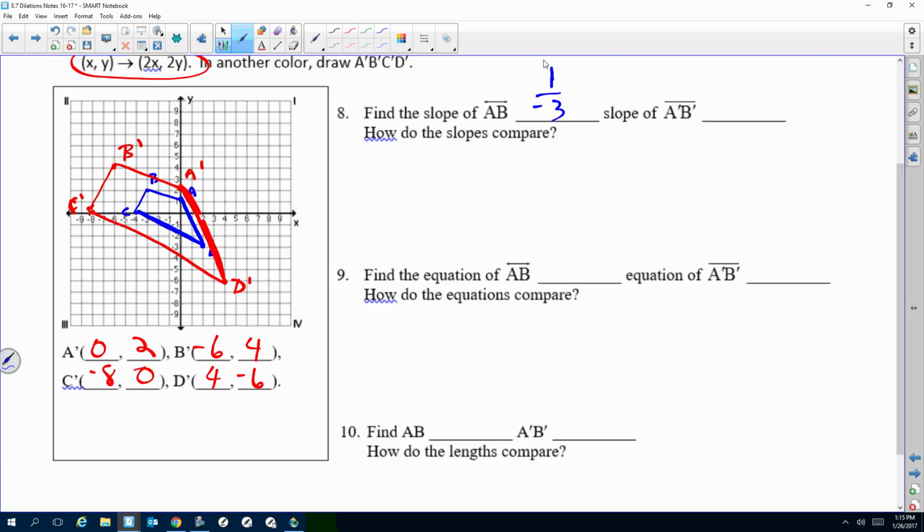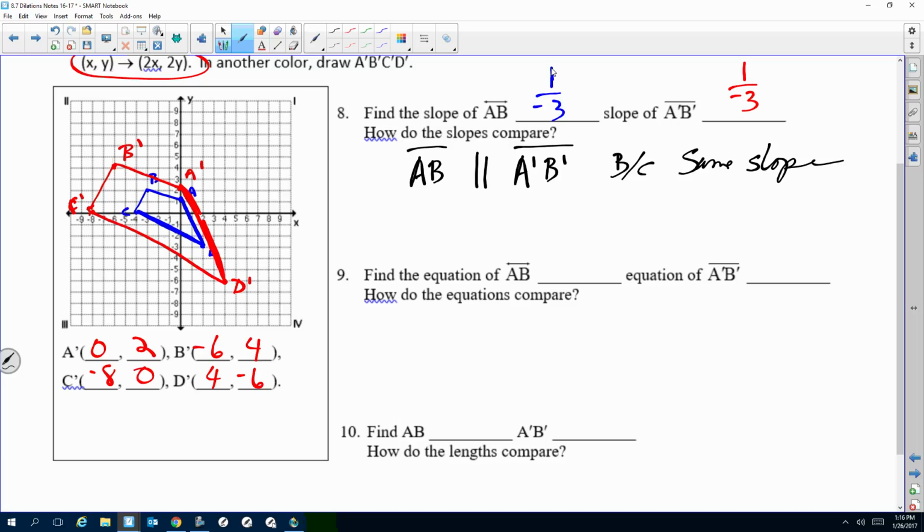All right. Slope of A prime, B prime. All right, compare the slopes. What conclusion can you make now? How do we know that? Well, you're absolutely right. Okay, so AB is parallel to A prime B prime, because same slope. All right. Not congruent. I can only talk about the slopes being parallel.